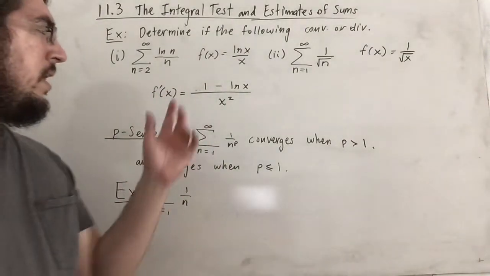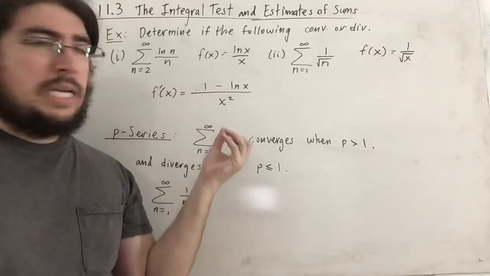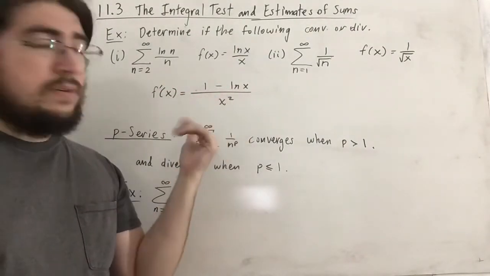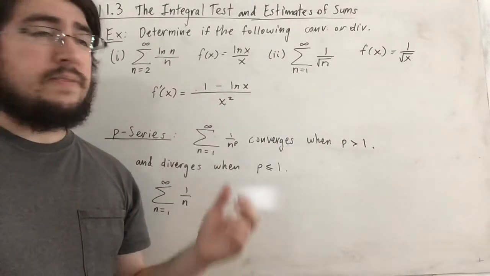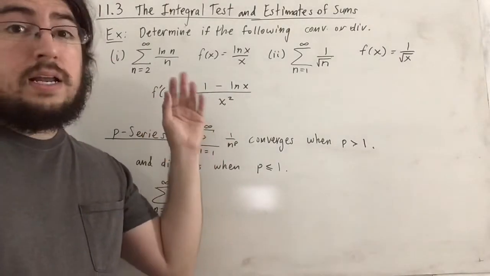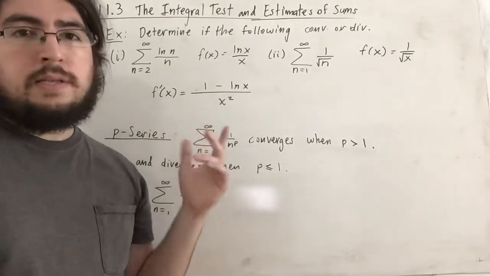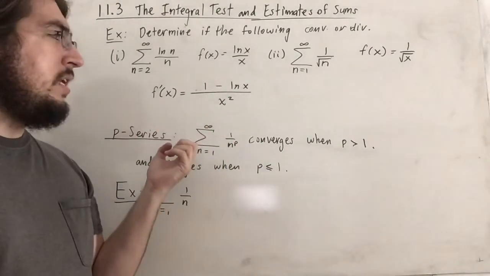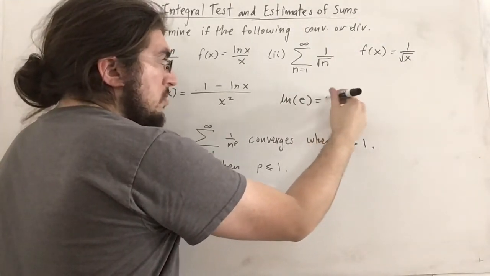Kind of weird. When x is 2, ln of 2 is 0.69, and 1 minus that is positive, and squaring anything in the denominator will always be positive. So this is actually positive when x is equal to 2. But if you plug in 3 or anything higher than that, then this is certainly going to be negative. And the reason I know that is, of course, ln of e is equal to 1.